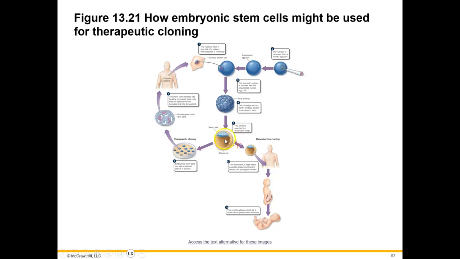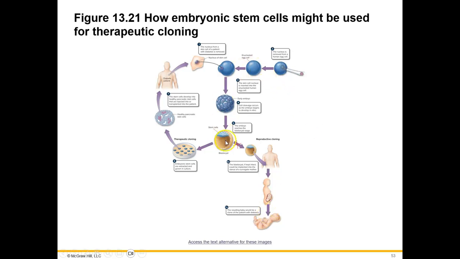At this point in the process, if we had not harvested the embryonic stem cells and grown them in culture, and instead just let that blastocyst continue to progress, then this would have been reproductive cloning, because we introduced a new nucleus and it became a living organism.